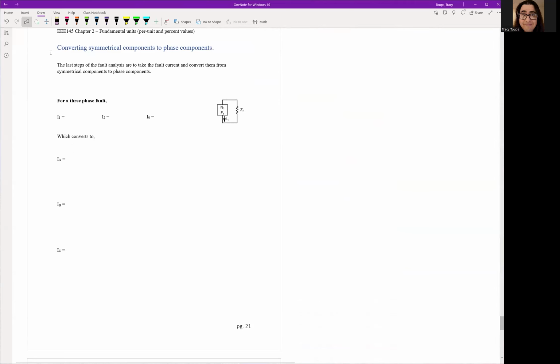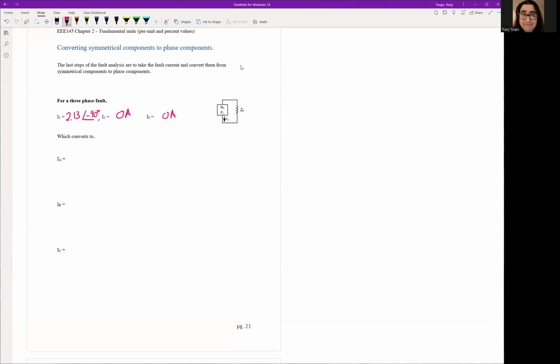So now we need to convert from symmetrical components back to phase components. This is what we did last class period. Carrying over from the previous slide, I1 is 2.13 angle negative 90 degrees per unit. I2 is 0, I0 is 0 as well.